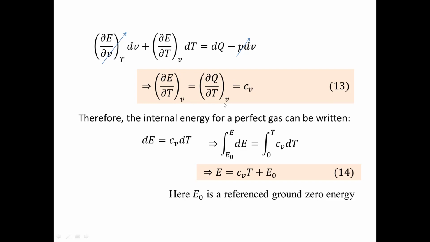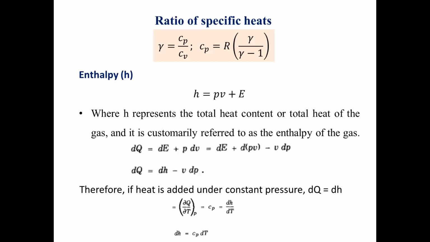So at constant volume, dE is equal to Cv dT, and we can integrate this in order to find the internal energy E. So internal energy is equal to Cv times temperature at a particular moment plus E naught. E naught is the reference ground zero energy.